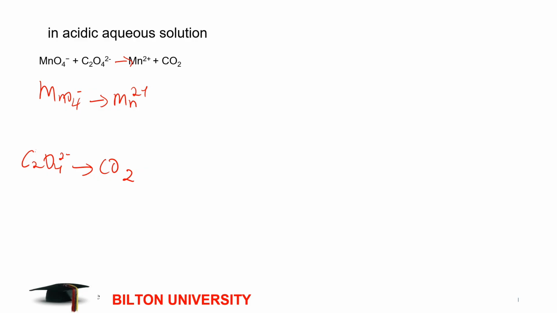So we have manganese in MnO4 minus. The overall charge here is -1, so we have to calculate the oxidation state of manganese. Let's call it X. So it's going to be X plus 4 atoms of oxygen, each with an oxidation number of -2, and that's going to give us -1, the overall charge here.